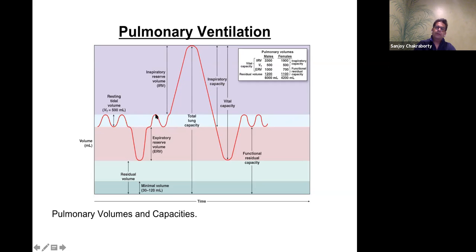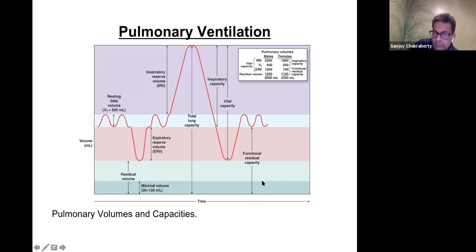Same thing, you have the ability to breathe out that much, but if you want, you can breathe out an additional amount. This additional amount is called expiratory reserve volume. And this portion that stays in your lung, that's called residual volume. So together, the expiratory reserve volume and residual volume, we call functional residual capacity or functional residual volume.